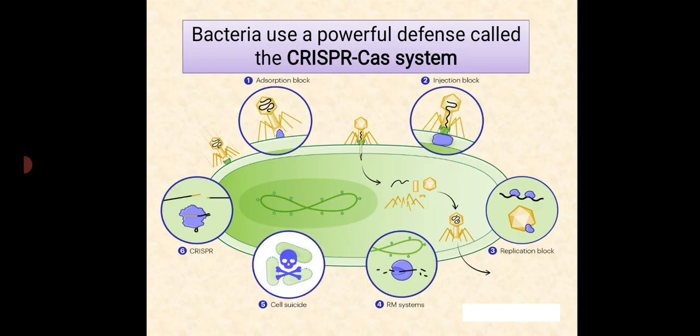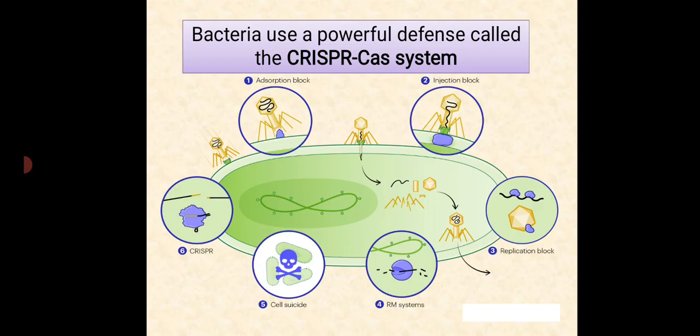It sends out a special protein called Cas9, which cuts and destroys the viral DNA, stopping the infection in its tracks. So, even the smallest organisms like bacteria on Earth have brilliant ways to survive.